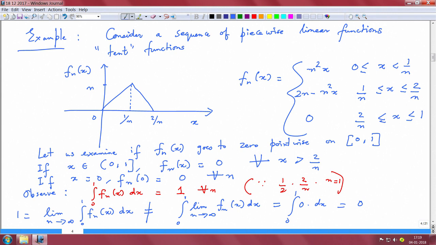There is a useful notion called uniform convergence, and let us discuss uniform convergence.